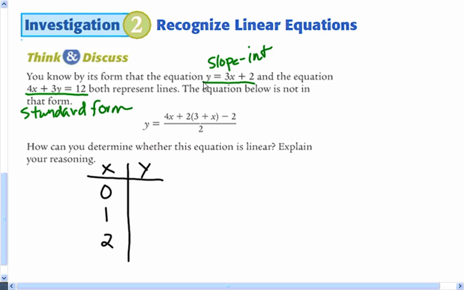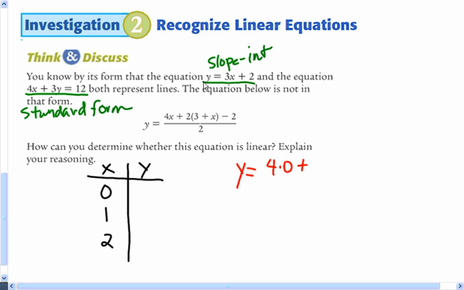So I'm going to substitute 0 for x in this equation and find y. Instead of 4 times x, I'm going to do 4 times 0 plus. What I'm doing is just substituting 0 wherever you see an x, and then evaluating the expression to figure out what y is.